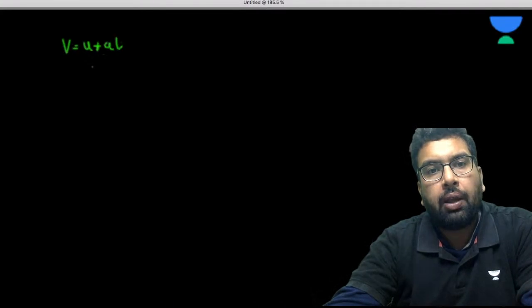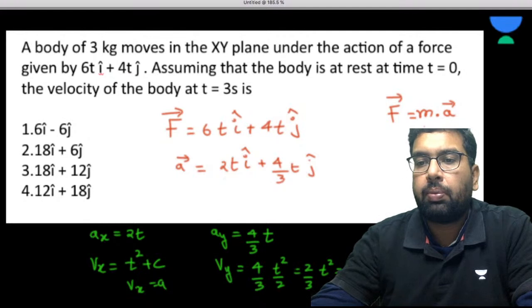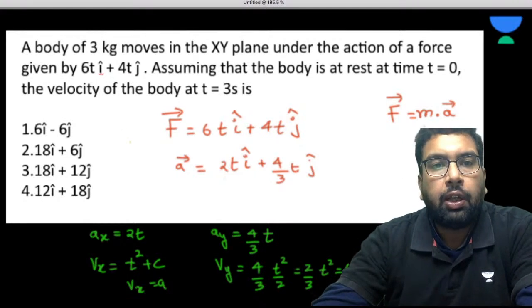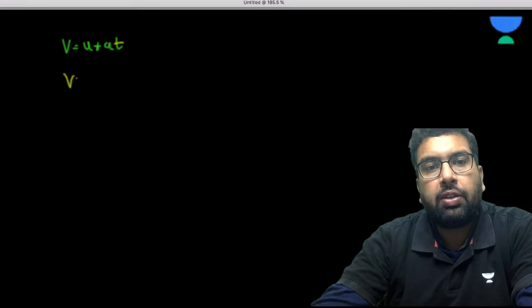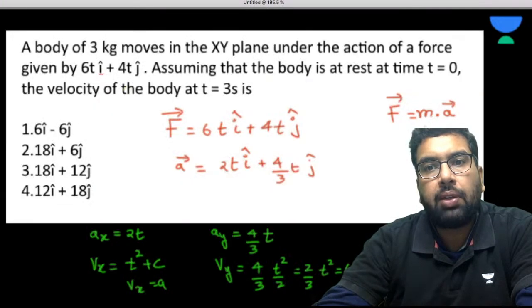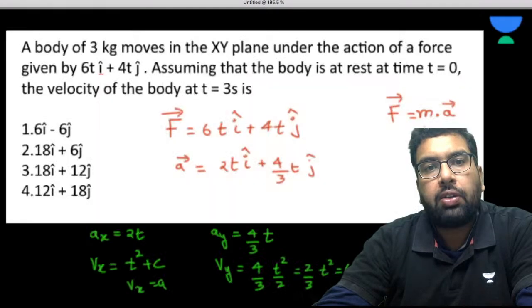Okay. V is equal to u plus at if we apply. Oh, yes, yes. At this point, I was missing here. So the initial velocity at time t equal to 0 is u. And what is the acceleration?